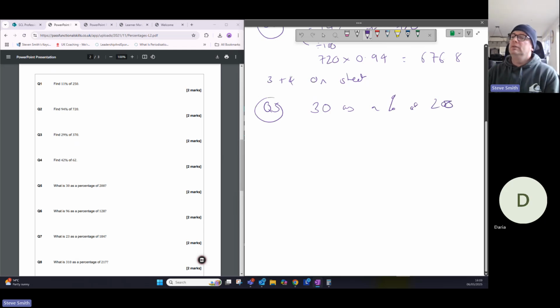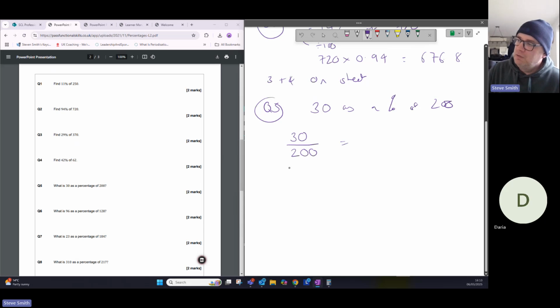So when I see a question like that, I'm looking at that straight away as a fraction, and it's saying to you, what is 30 over 200? That's exactly what it's saying. What is 30 as a percentage of 200? So it's saying, what does 30 parts represent as a chunk of 200? And how do we work that out?